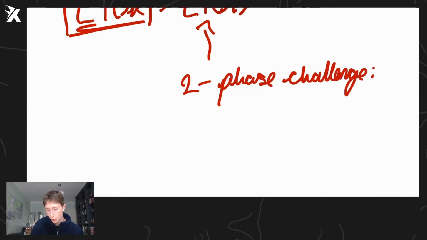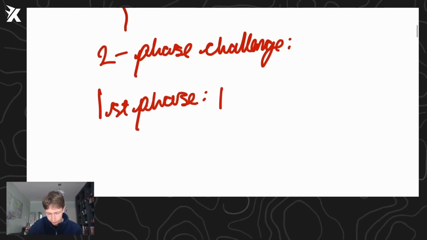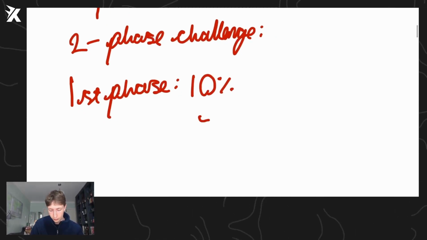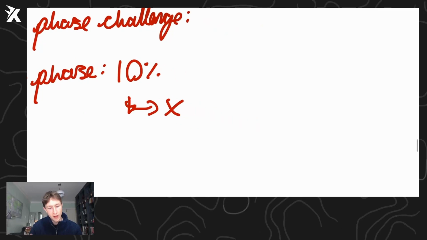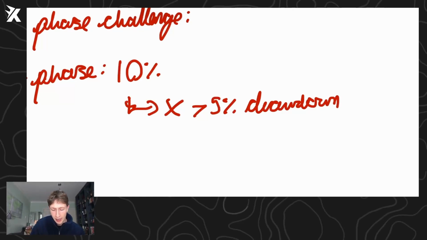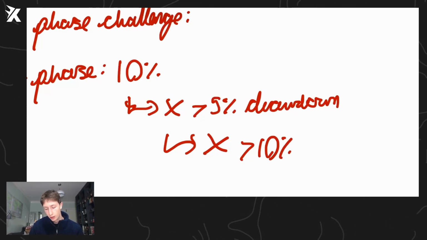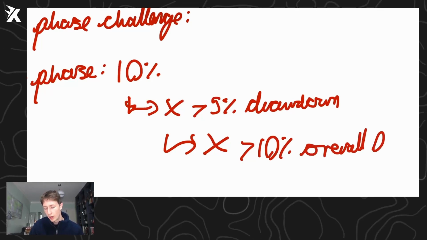The typical rules are, first phase, you have to make 10% without going into more than 5% drawdown in any single trade, and without going any more than 10% overall drawdown. So your account can't be under 10% of what it originally was at any given time.